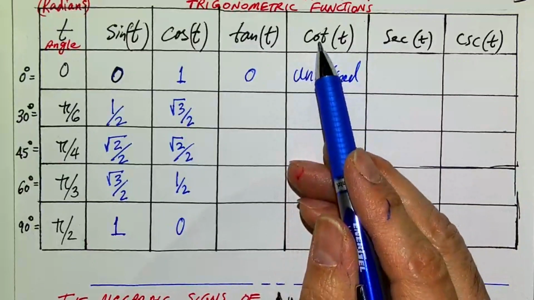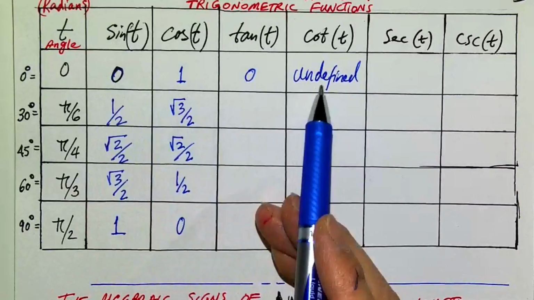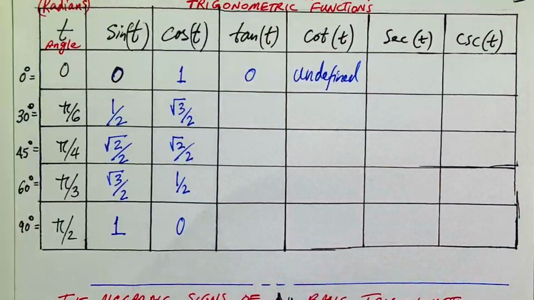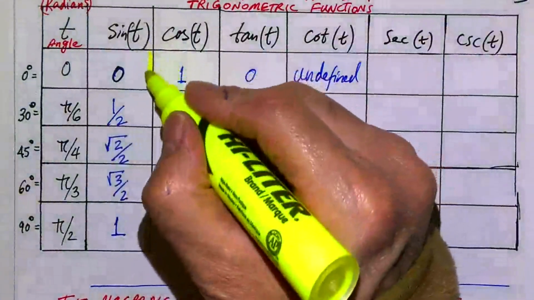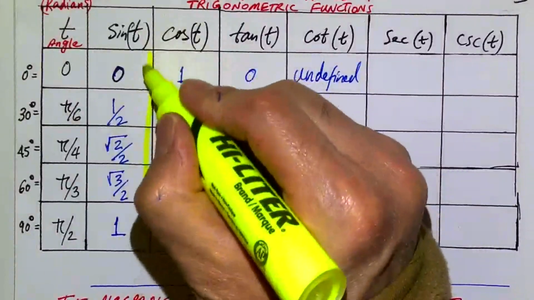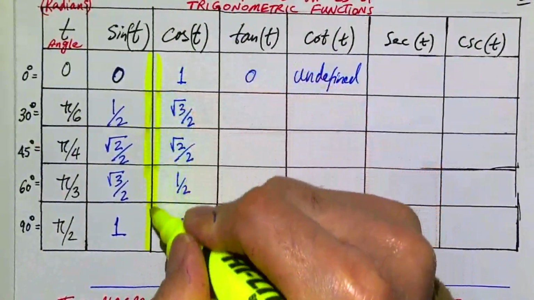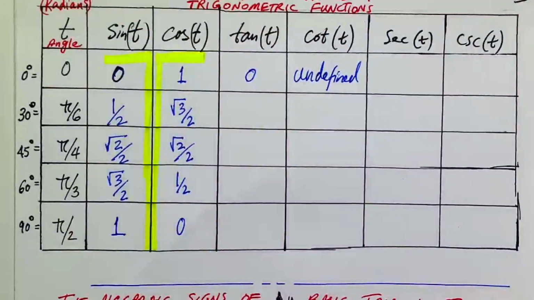Because cotangent is cosine divided by sine. So 1 divided by 0 is undefined. So these two columns are very important. Let me emphasize that by highlighting that and that. Okay? These two columns are very, very important.